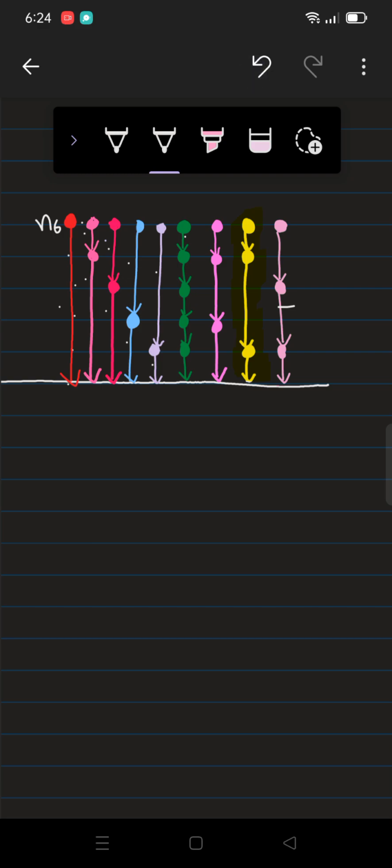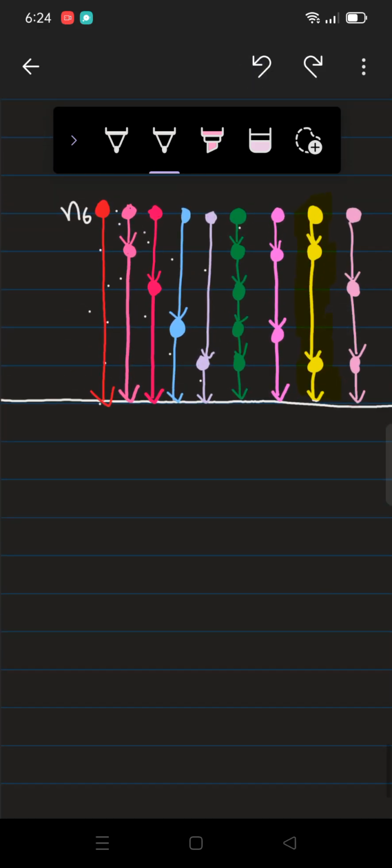Now let's see how many total transitions we have now. 1, 2, 3, 4, 5, 6, 7, 8, 9. This would not be counted. 10, 11, 12. This would not be counted. Again this would not be counted, and this 13, and this would not be counted. Again this would not be counted. This 14, this would not be counted.